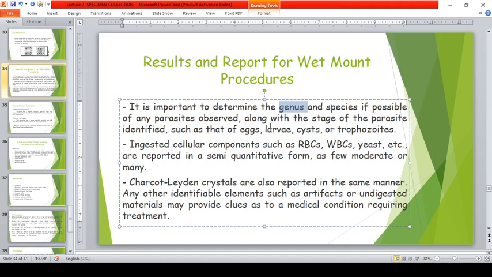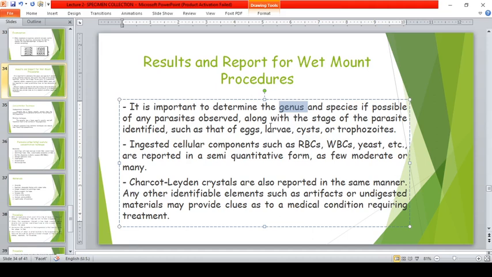But from a seminar that I attended back in 2018, the speaker told us that for Entamoeba histolytica, you should report it as Entamoeba histolytica / Entamoeba dispar trophozoites, because you cannot identify which is which.